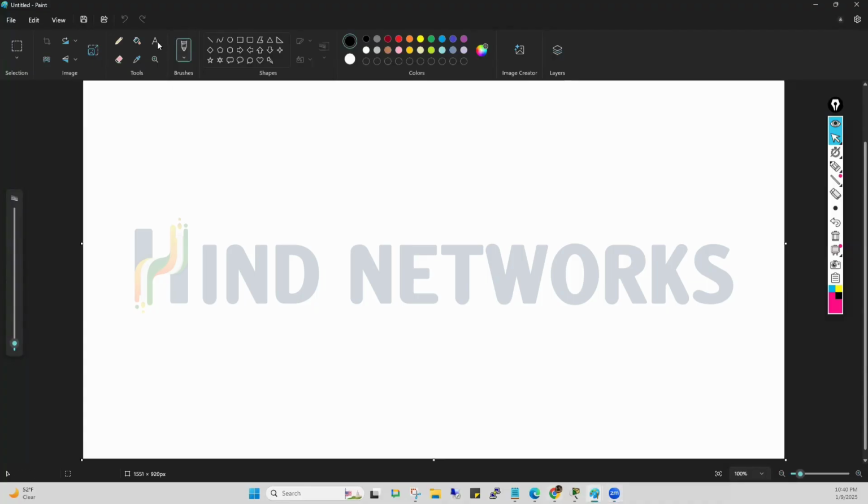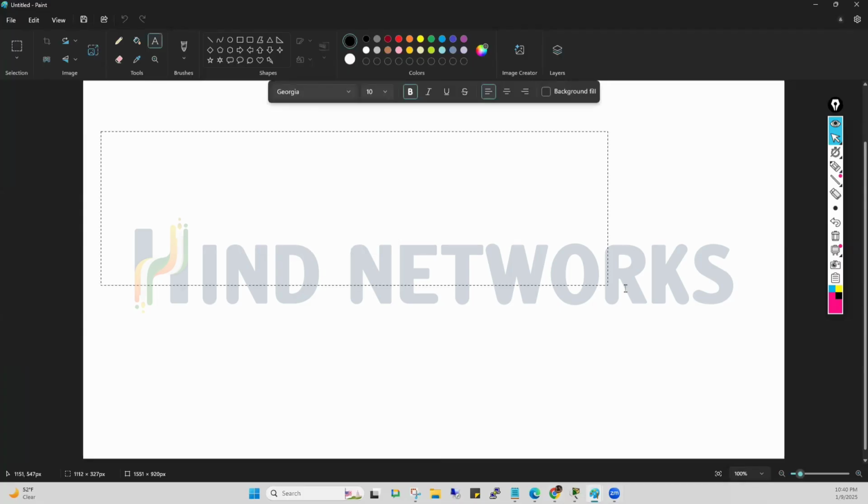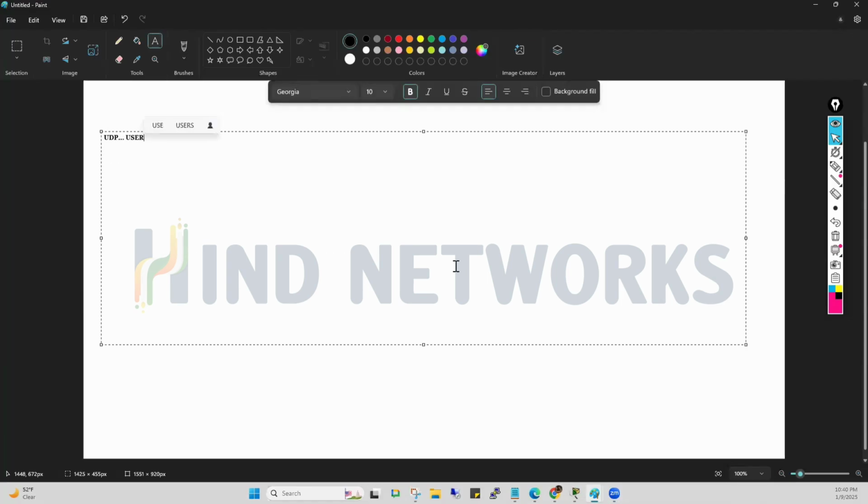Okay, cool. Now, guys, at the transport layer, there is one more protocol that is called UDP. UDP stands for User Datagram Protocol. First point you need to understand, it uses protocol number 17.